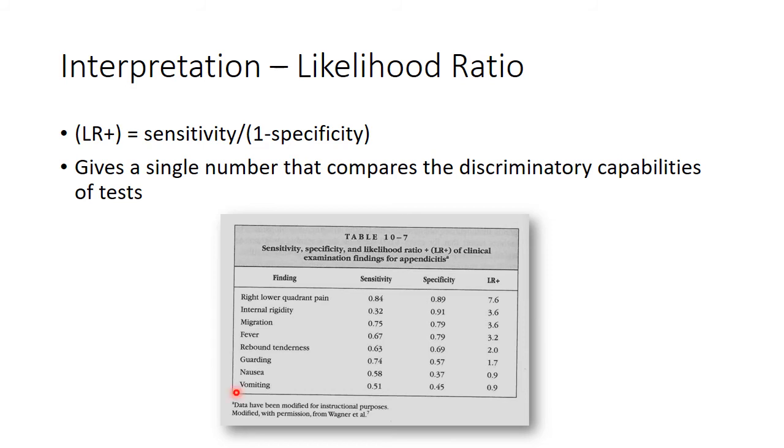And so there are certain things that make physiologic sense. For instance, right lower quadrant pain is usually pretty specific to appendicitis, and so it has a very high likelihood ratio. A bigger number here means they're more likely to have the disease in question, right? Certain other things are not super specific for the actual disease. For instance, nausea and vomiting. Notice here, the likelihood ratio is not super great for that, right?